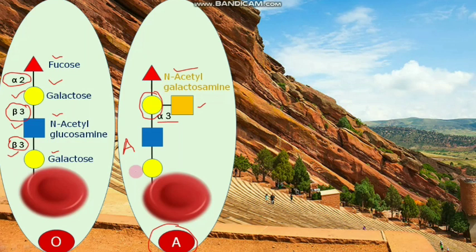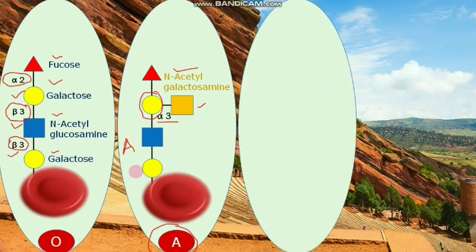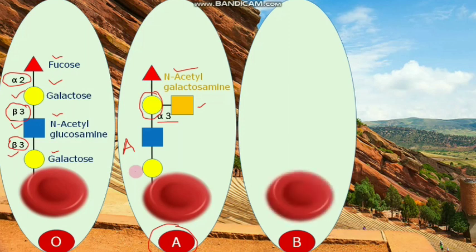Now let us consider the B blood group individual and what a B antigen is. In the same way, the RBC is present and on its surface the O antigen will be present. Here, instead of the N-Acetylgalactosamine branch, there will be a third galactose unit attached to the penultimate galactose, with the same glycosidic bond, the alpha 1,3 glycosidic bond.